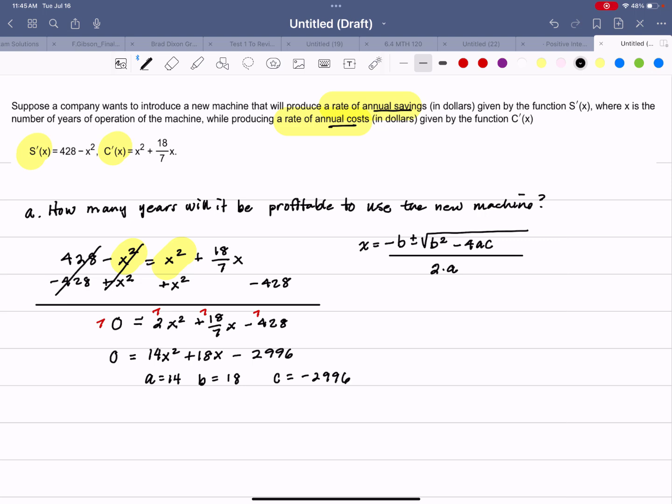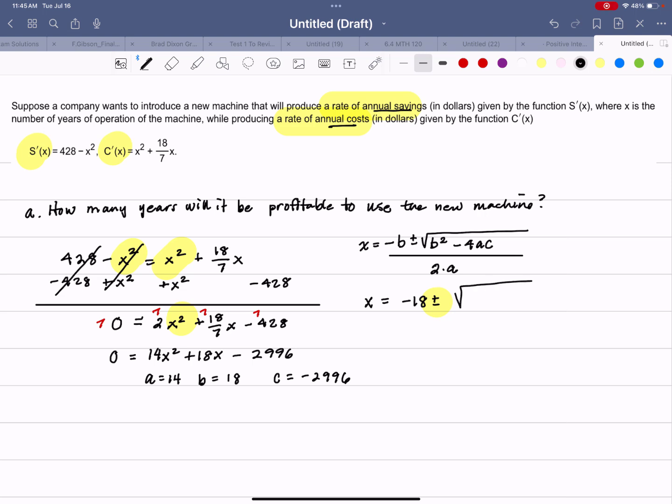Now the numbers are big, but because we can use our calculator, it's not going to be that bad. So that's going to give me x is the opposite, or negative 18, plus and minus. When you have a square, there's always two answers, and that's what that plus minus does.